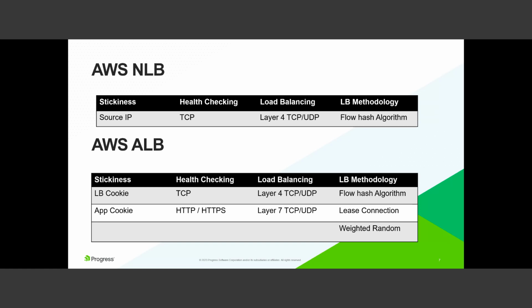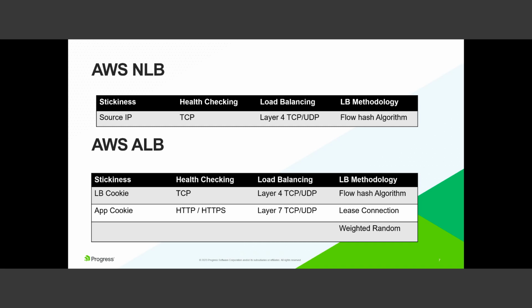But because of that, you're going to be limited in the options that you have available as far as the stickiness as well as the scheduling or load balancing methodology. If you want layer 7 load balancing functionalities, including layer 7 health checks and additional scheduling methods, then you want to go with the ALB load balancer option available on AWS. This will also give you the ability to do content-based routing and other layer 7 functionalities.